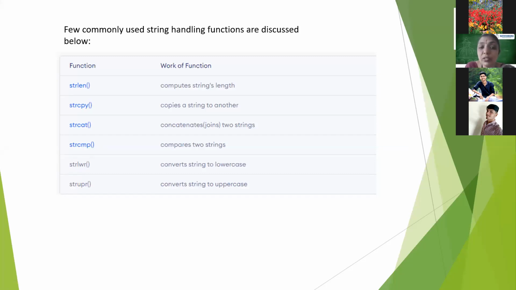Then we can convert uppercase letters into lowercase letters, copy the content of one variable to another variable, or append the content of one name to another name. Likewise, we can perform all these functions. We'll look into them.